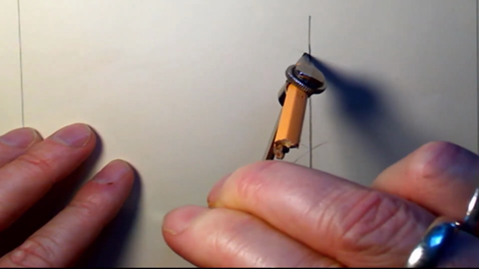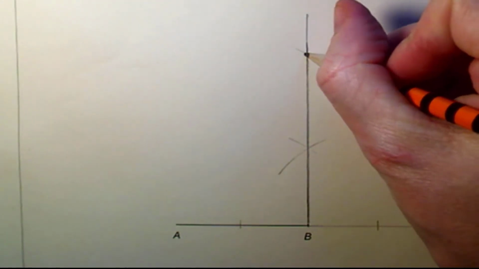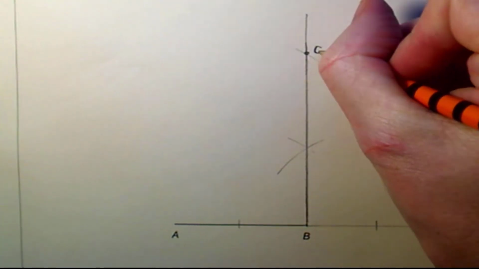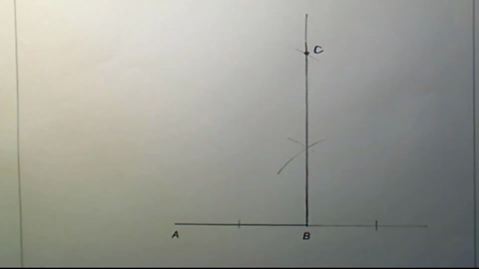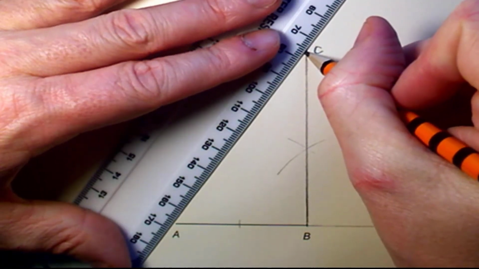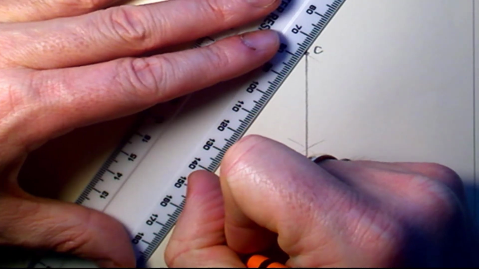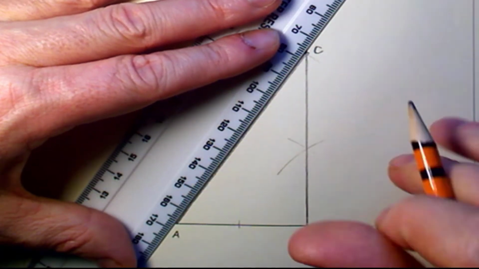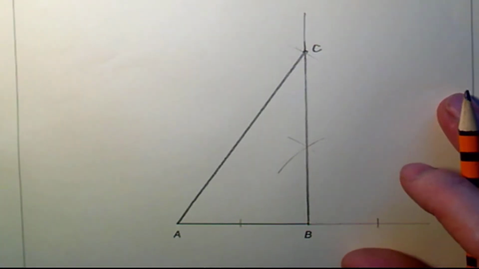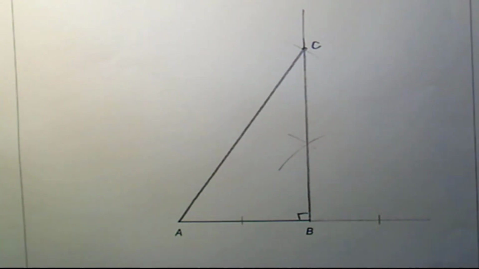And at the point where it crosses, that will be the point C. Okay, now I've found C, I can simply join A to C with my ruler. Remember to leave your construction marks visible, and you might want to use your ruler and protractor just to double check your 90-degree angle and the length that you drew.